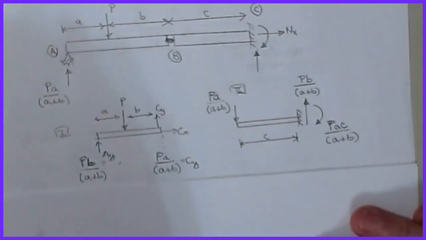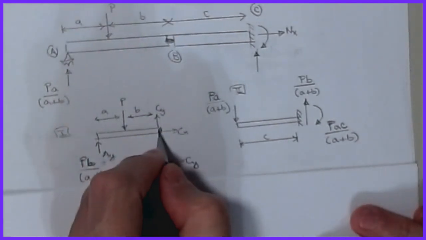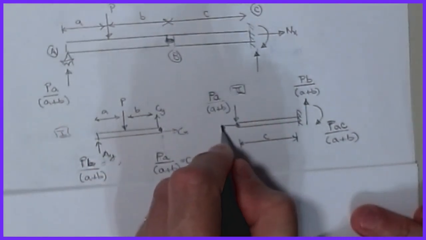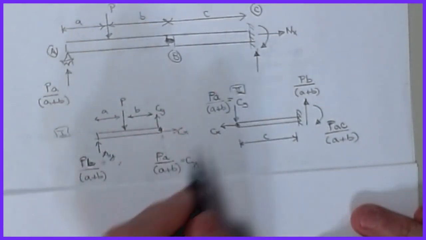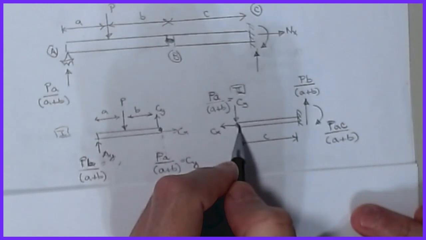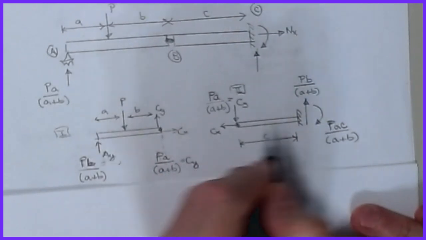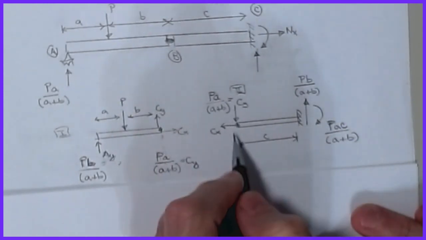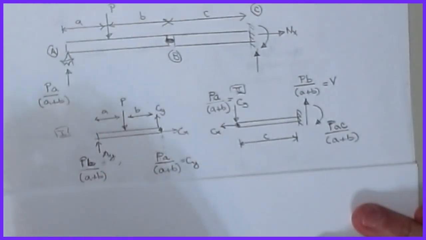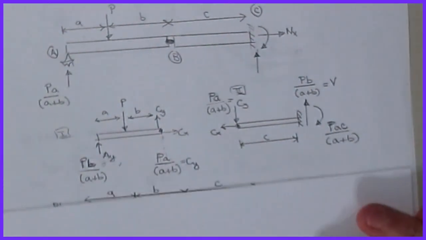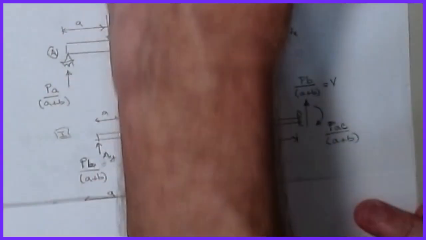Then we know that at the hinge, on the opposite side of the hinge, here's my Cx and that's my Cy, this same load is now acting down at this point. That becomes a point load on this cantilever beam, and with that I can find that my V is now Pb, or sorry, that should be a Pa.